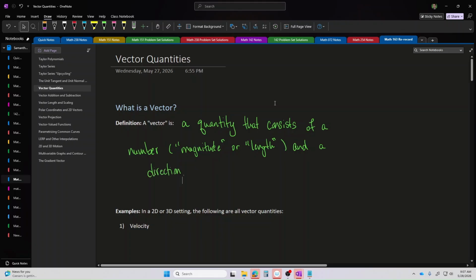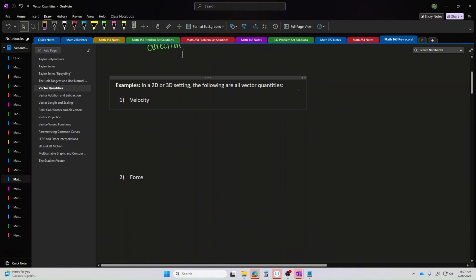For a couple of example vector quantities, one of the quintessential vector quantities is the velocity of a moving object. When an object is moving and you're trying to understand its movement, one of the pieces of information you would need is the speed at which the object is traveling.